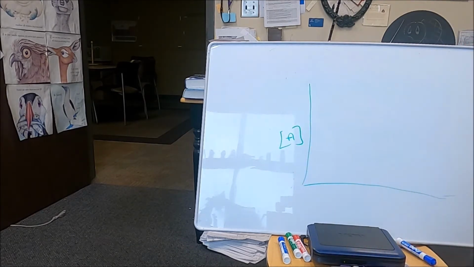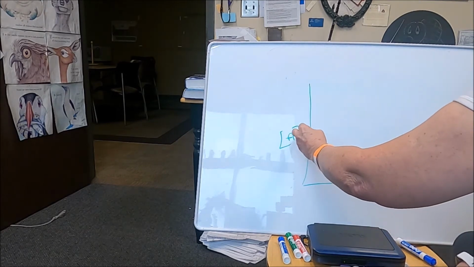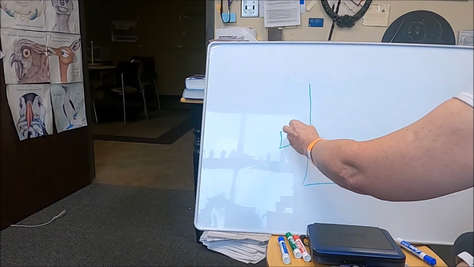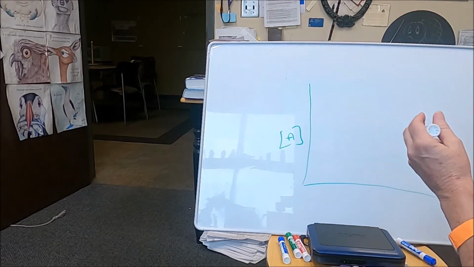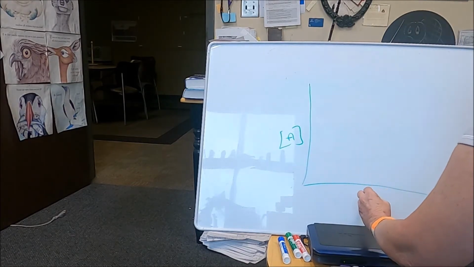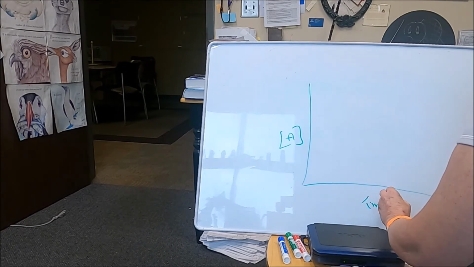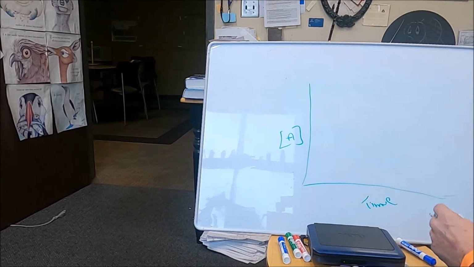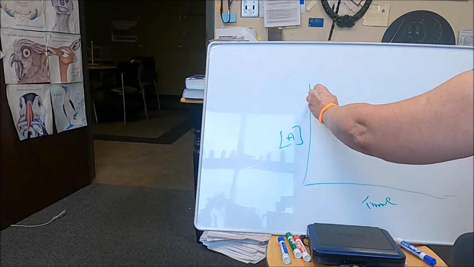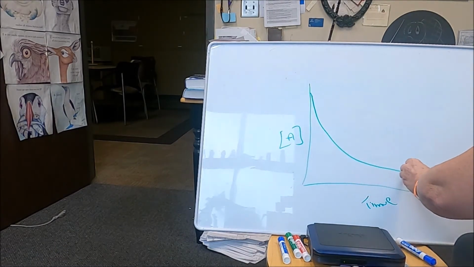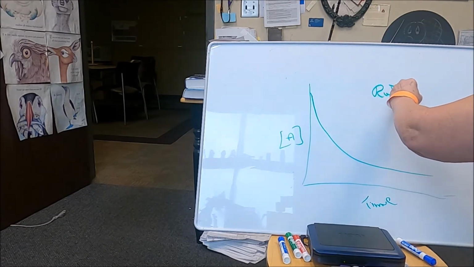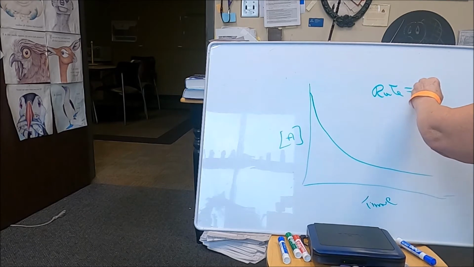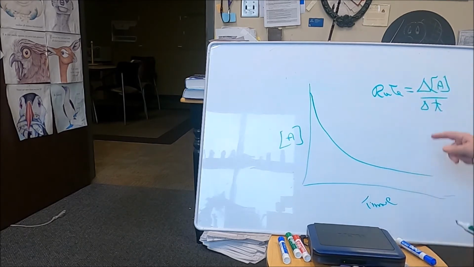We're going to show concentration as the reactant or the substance, the chemical agent, inside square brackets. That's going to represent concentration. Then we've got time down here. So concentration is a function of time. And normally in a chemical reaction, we're going to get something that looks like that. So rate is going to be seen as change in concentration over change in time.